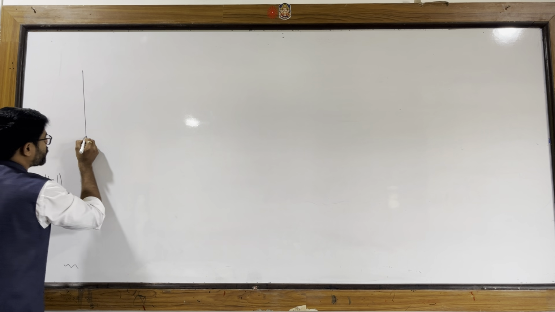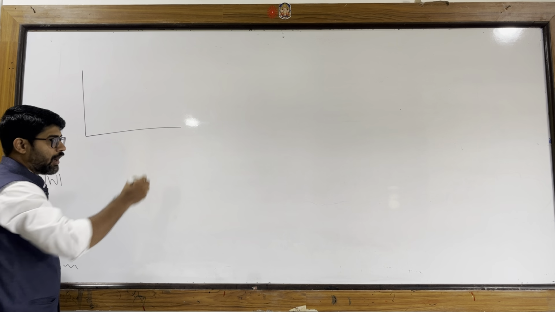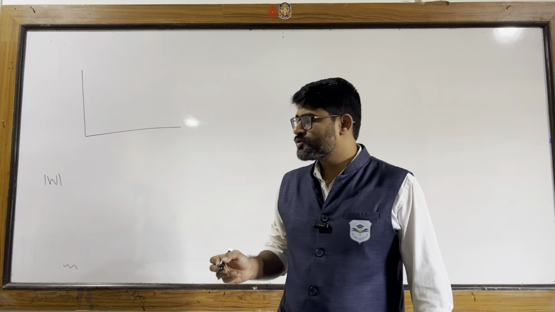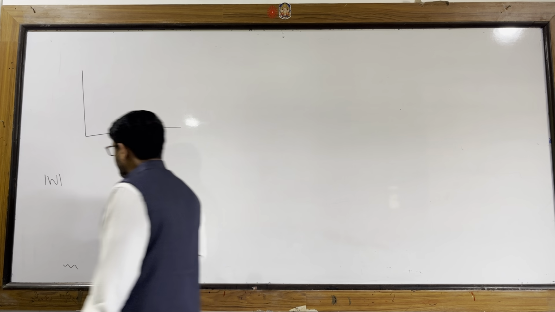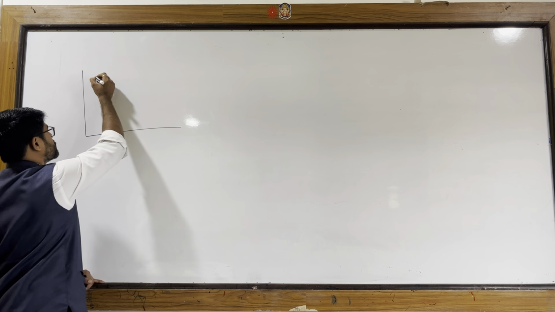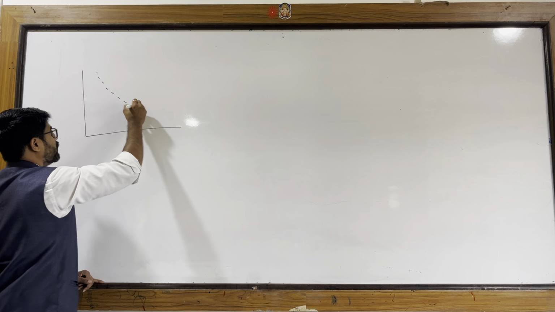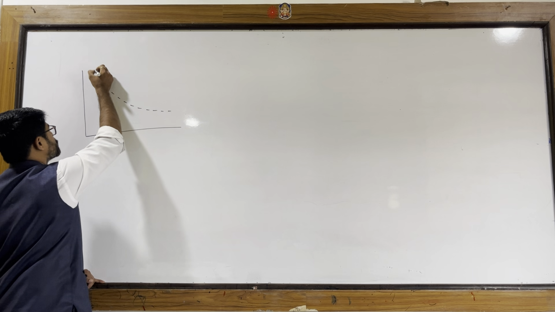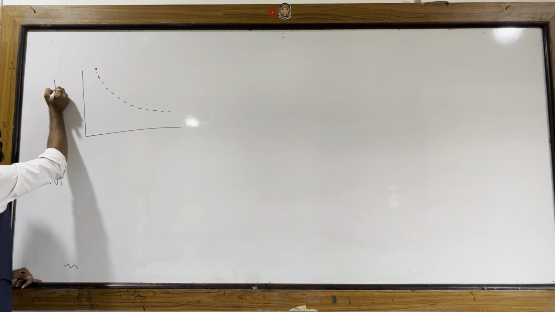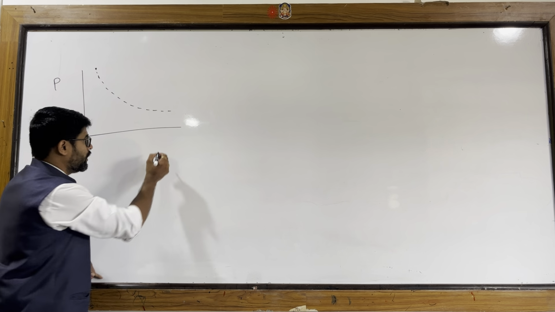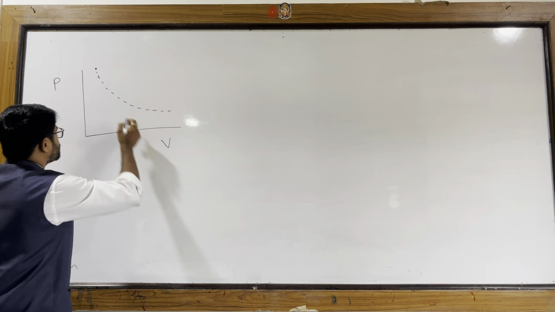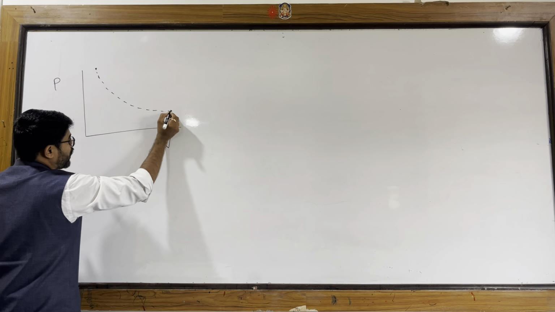In an isothermal process, we have the product of P and V as constant. So if I represent the PV curve for an isothermal process, the graph will be a hyperbola. On the y axis we have P and on the x axis we have V. So this is the hyperbolic graph.